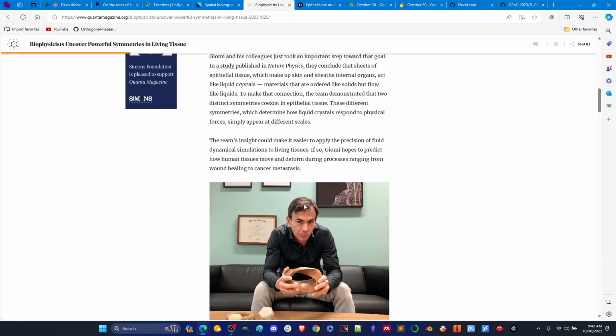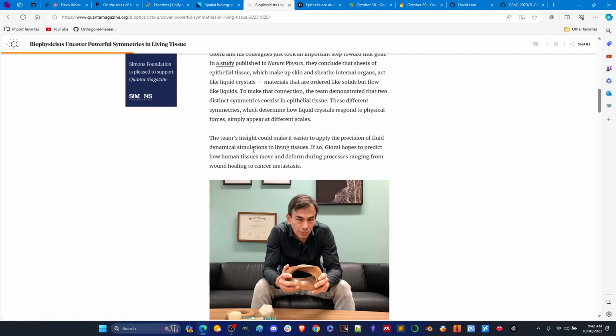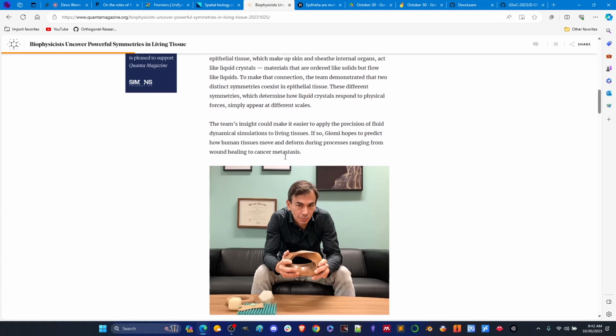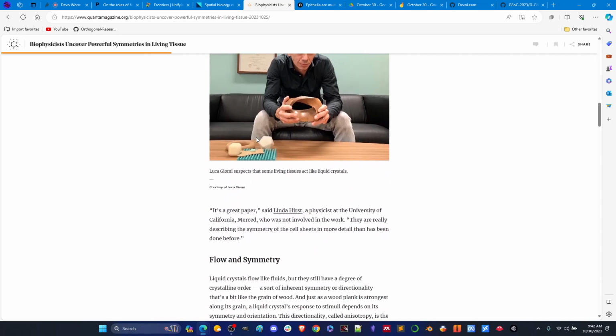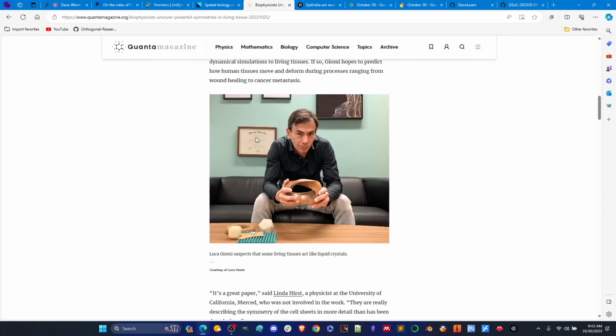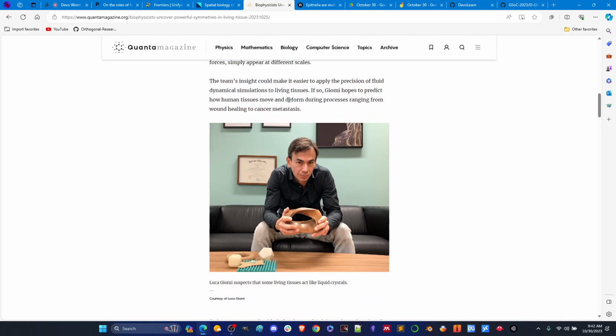This insight could make it easier to apply the precision of fluid dynamic simulations to living tissues. And this person, Giomi, hopes to predict how human tissues move and deform during processes ranging from wound healing to cancer metastasis. So this is where you get a lot of different systems.